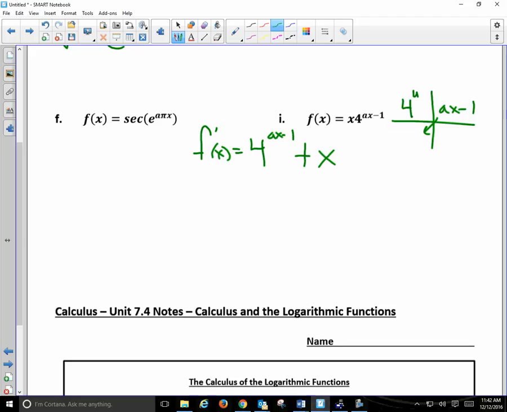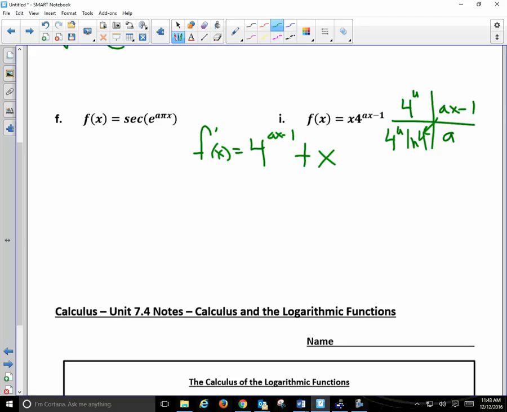All right, derivative of ax minus 1: a. Derivative of 4 to the u. Very good. All right, somebody ate their Wheaties today. Nice job.